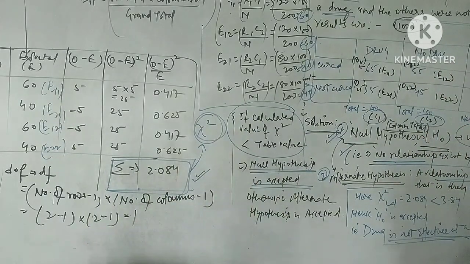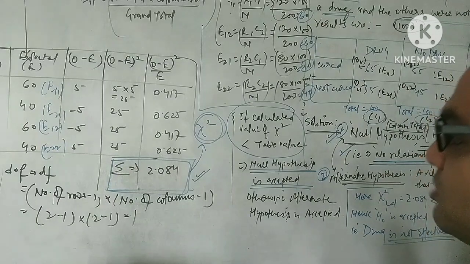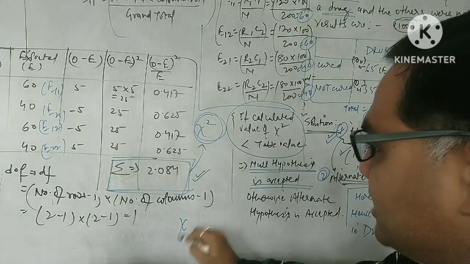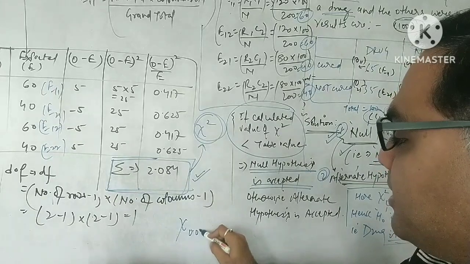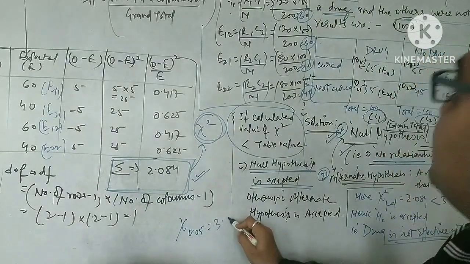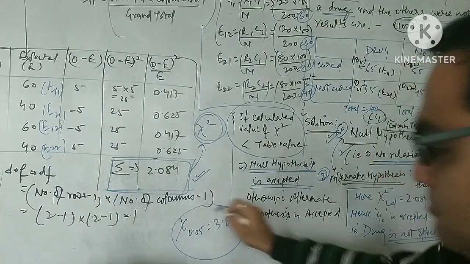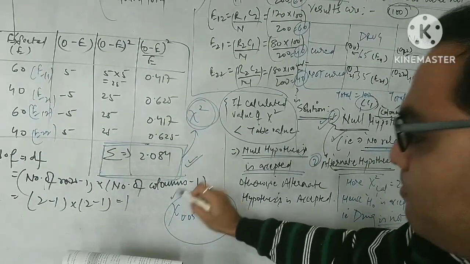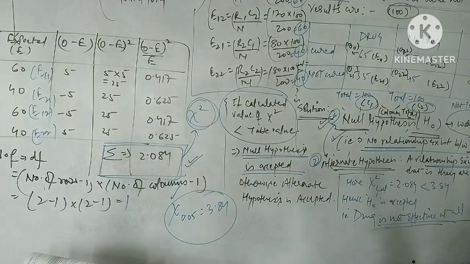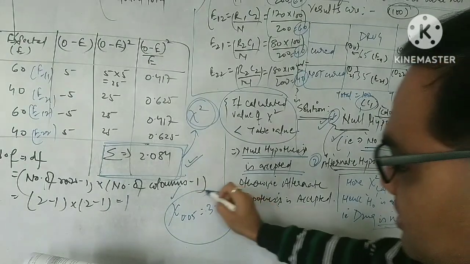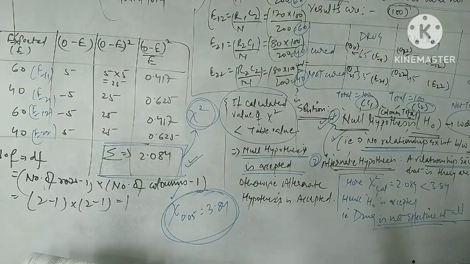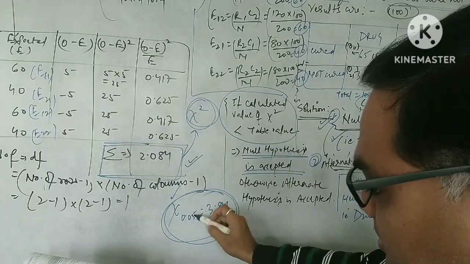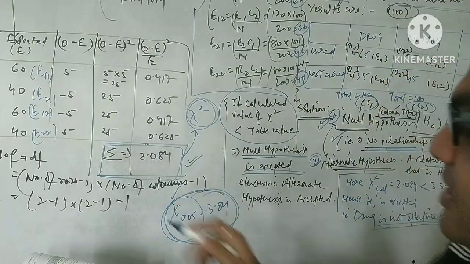For 1 degree of freedom, the tabular chi square value is 3.84. This is the chi square at 0.05, the nomenclature for writing the chi square value. 0.05 signifies the 5% level.